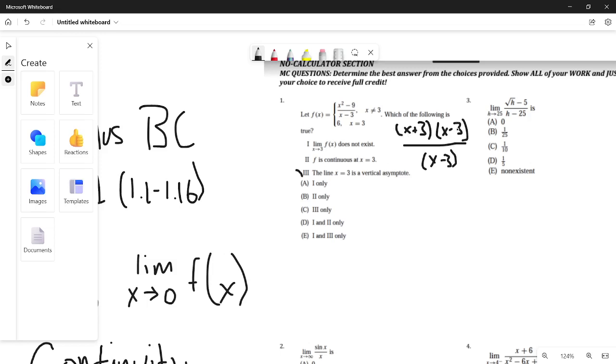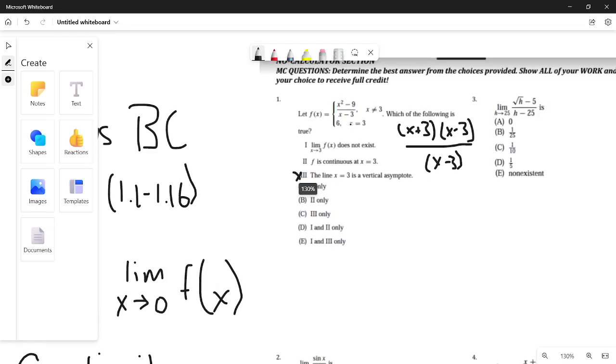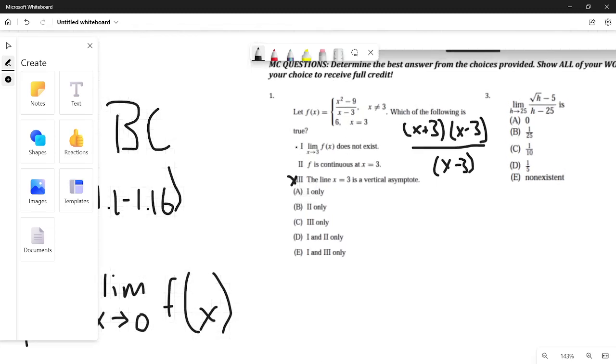So here, we'll just resolve each one by one. Limit as x approaches 3 of f of x does not exist. What do you guys think? False. So we can plug in 3 here. We'll just take out x minus 3 over x minus 3.